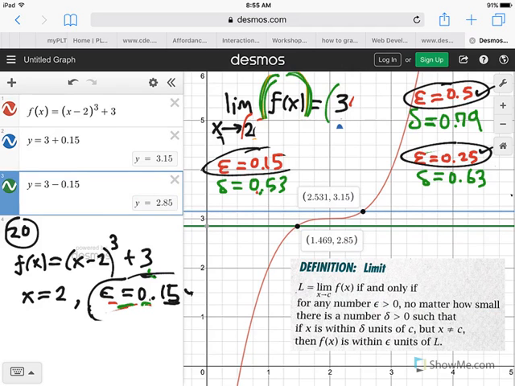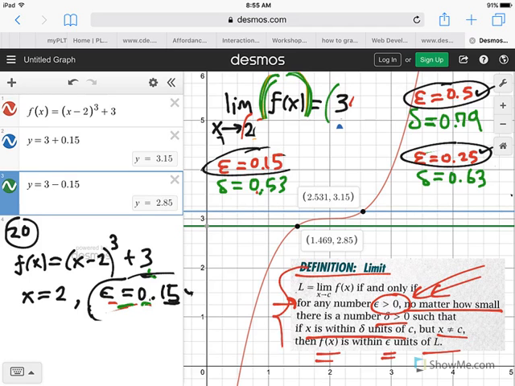As we prepare to look at objective 2, which is to algebraically calculate a positive value for delta from this limit definition for any epsilon greater than 0, so that we will know that for any epsilon greater than 0, no matter how small you want to make it, we will be able to show algebraically that there is a value of delta that you can find greater than 0, such that if x is within delta units of c but not equal to c, then y will be within epsilon units of L. So we want to show, using this mathematically precise definition of limit, that in fact this limit is true.